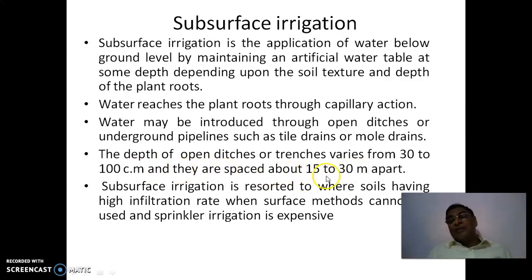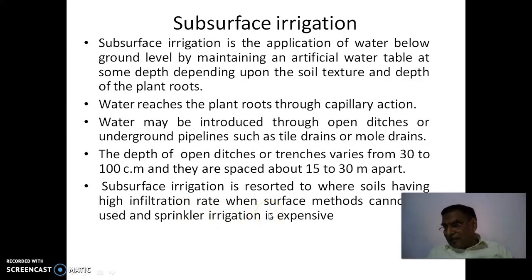It is also wide. So you are filling that trench with some water, creating a kind of artificial water table, and allowing that water to reach the plants by capillary action, the movement of soil moisture. Subsurface irrigation is resorted to where soils have a high infiltration rate, when surface methods cannot be used and sprinkler irrigation is expensive.